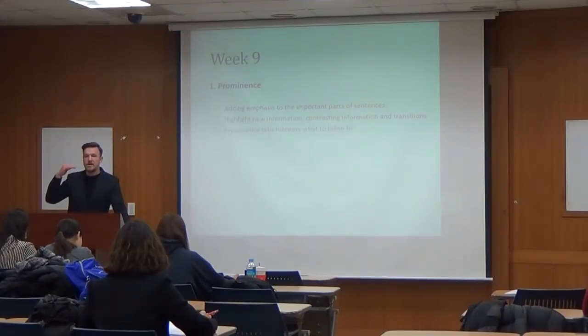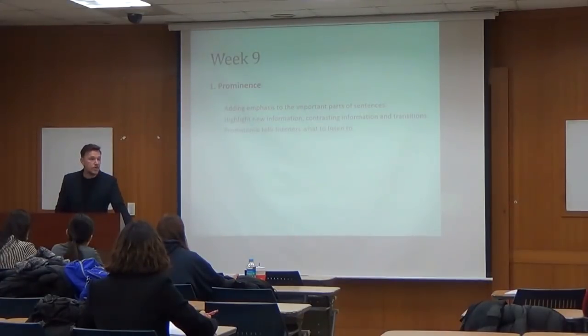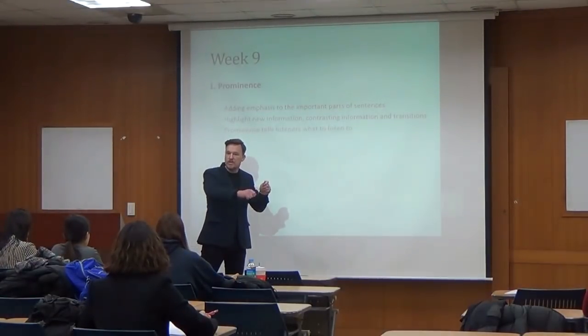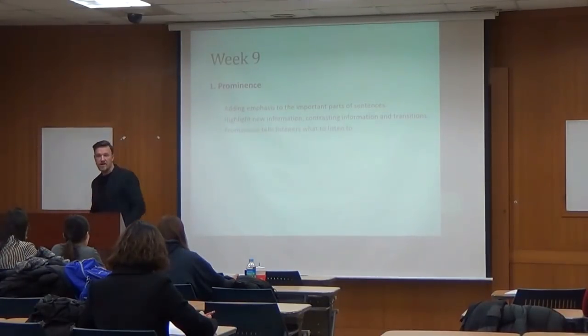If we just talk like this the whole time, you don't know what is important and what is not important, right? So you need to add prominence to let your listeners know what you're talking about. And this is something you can do when you're practicing your presentation. You can take your script or maybe your outline and you can underline words that you think are really important. And you know you have to hit that word so people can follow along. All right? Good.